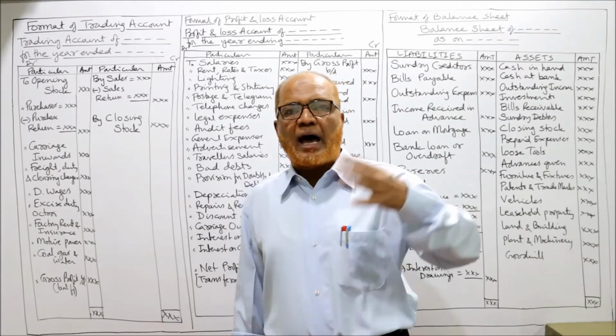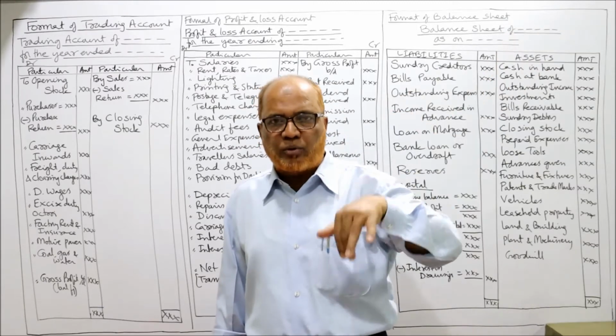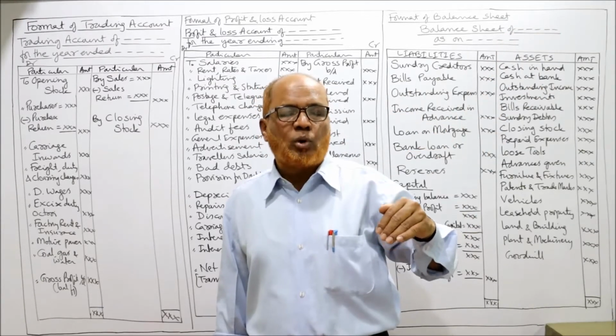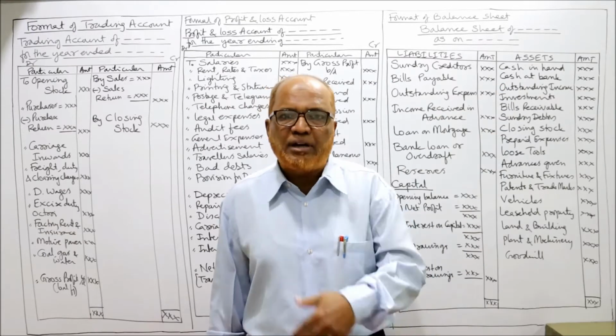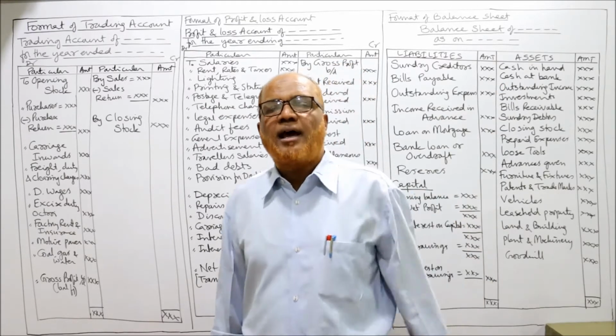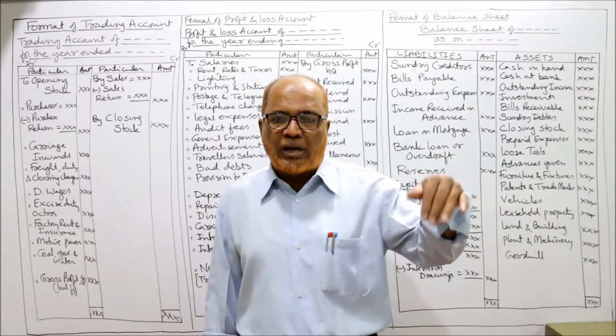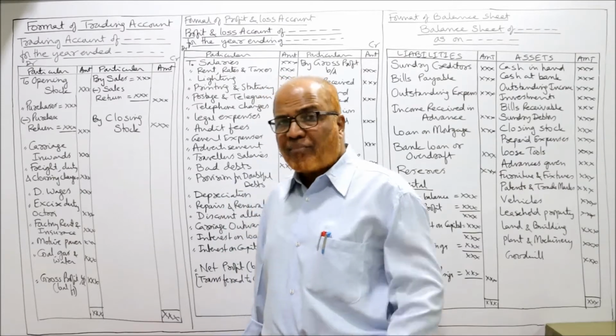Suppose I am the trader, I am bringing the goods from one market to this particular market. To bring the goods from that market to this market, I am incurring some expenditure, like carriage inwards, freight, wages incurred to download the material, etc.